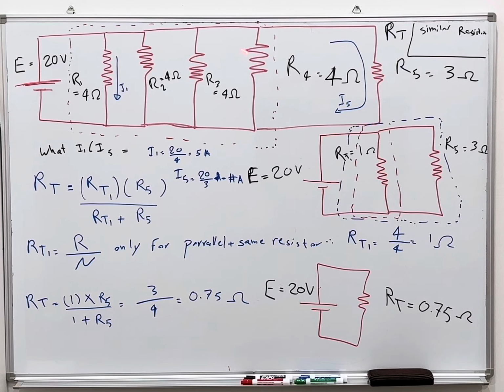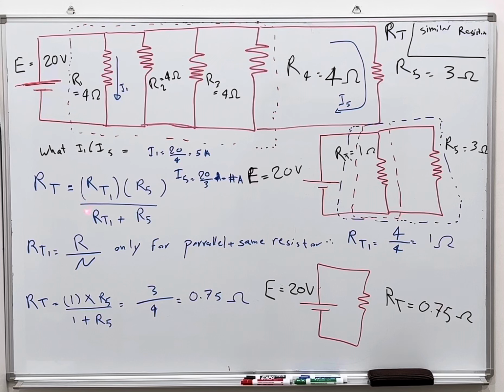And we can remove all these resistances and make it 1 resistor here. So R5 is still here. Now we will apply another law, which is this one. So R total, for this one and this one, will be equal to R total 1, which we found here is 1, multiplied by R5.